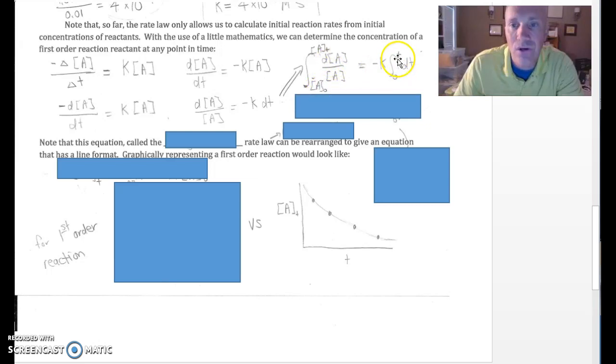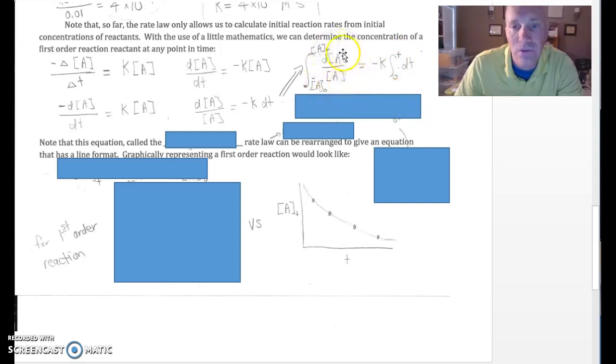from time 0 to time equals t. So what is the concentration at time 0? We represent that as the concentration of A at time 0. What is the concentration at time equals t? That would be represented by A with a little t down here. And again, we can integrate here, pulling the k out.